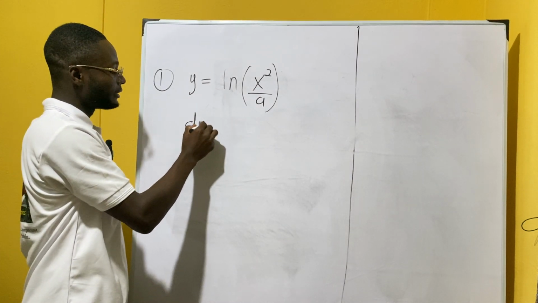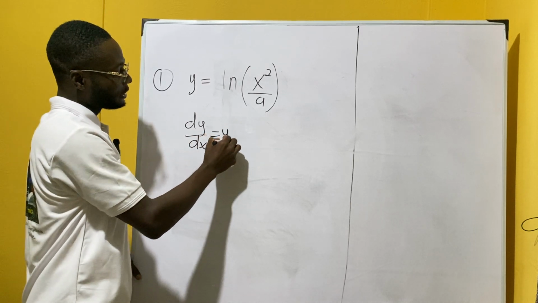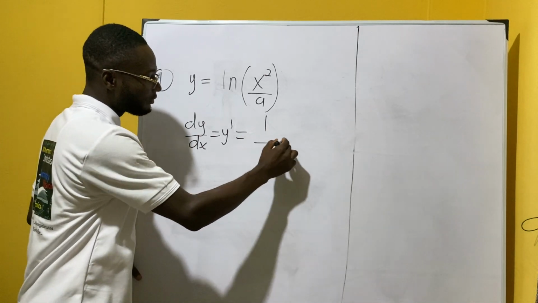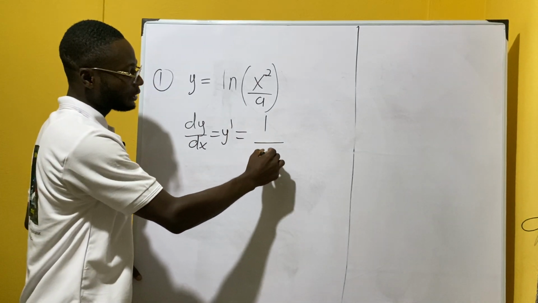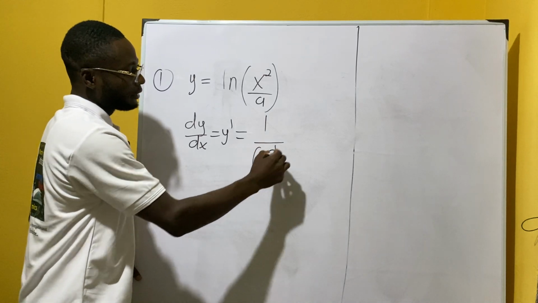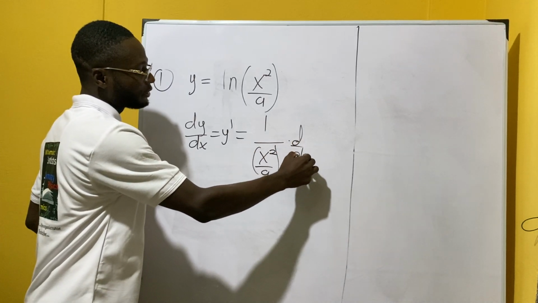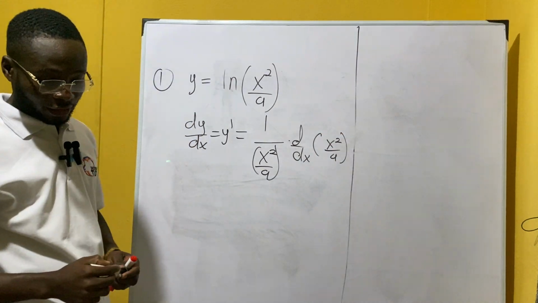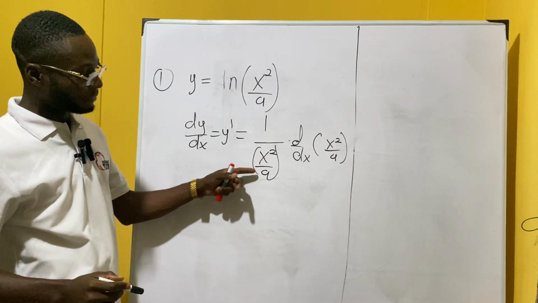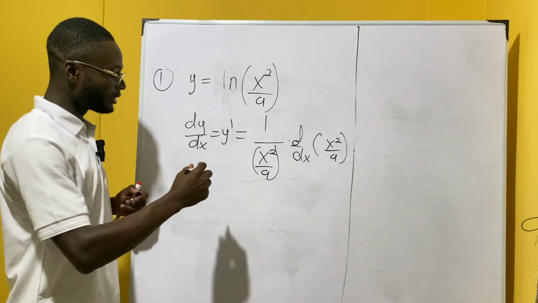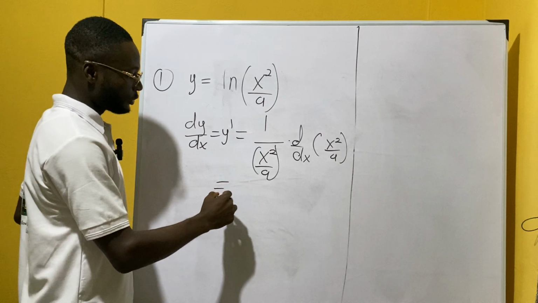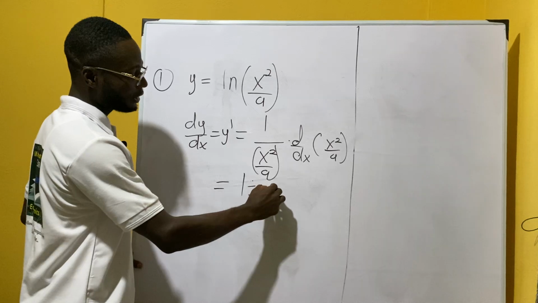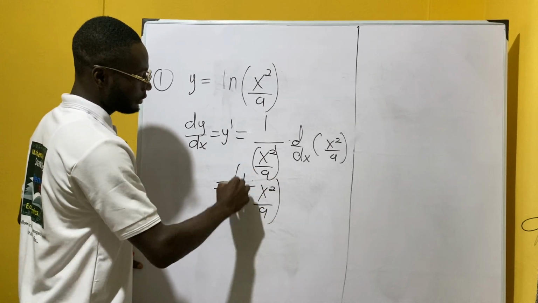So we have dy dx will be equal to 1 over the inner function, which is s squared over a, times the differential of the inner function, which is s squared over a. So here we can deal with this thing and simplify it very well to make the work so nice. So we have 1 divided by s squared over a here.